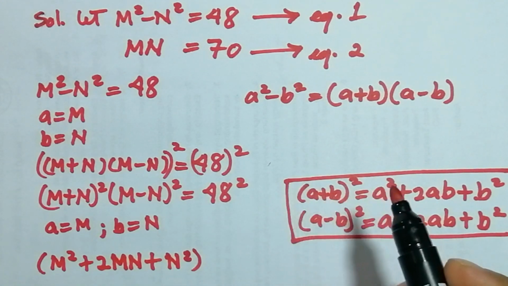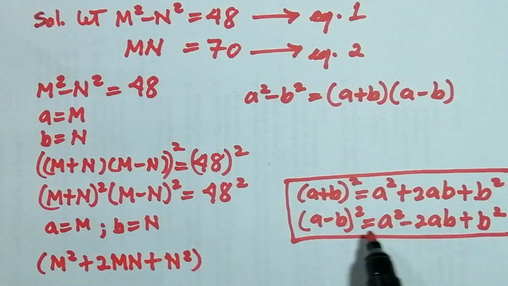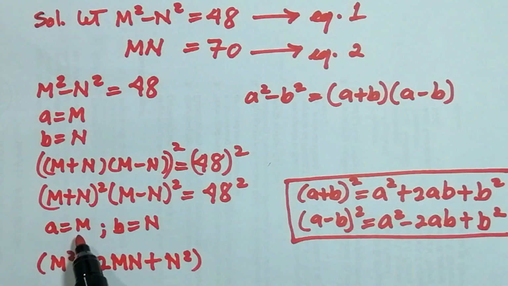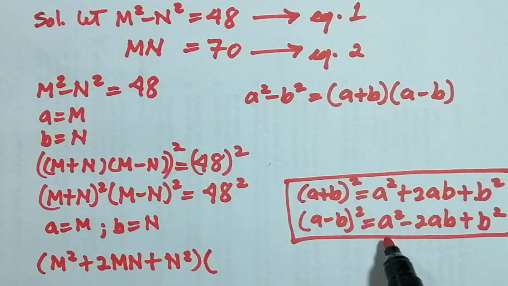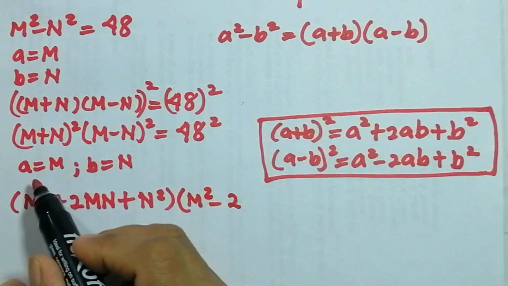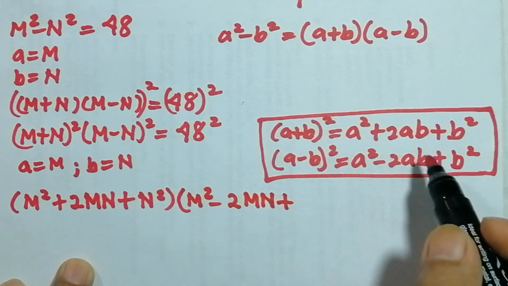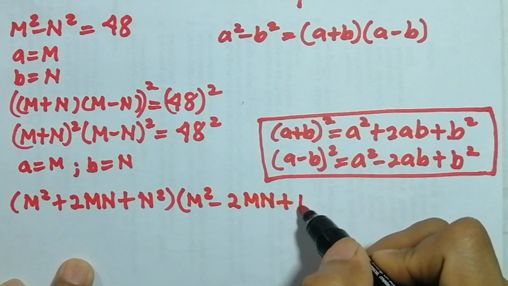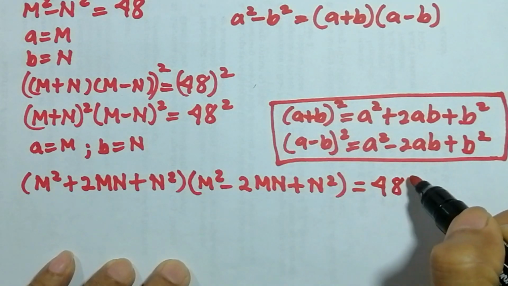Okay, next, we use this form for (m minus n) squared, where a is equal to m and b is equal to n. So we're going to write here a squared is m squared minus 2ab, ab is mn, plus b is n, so n squared, is equal to 48 squared.